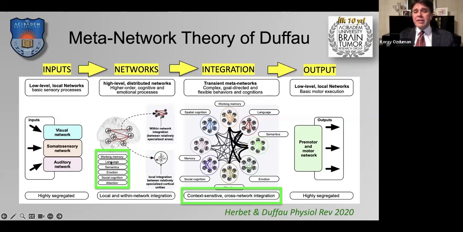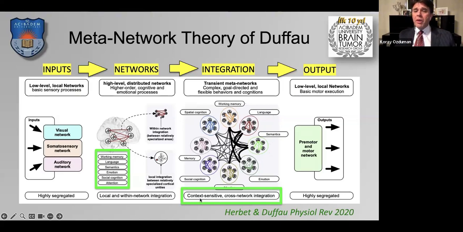All of these networks are spread throughout the brain. And then these networks that you're seeing here, spatial cognition, working memory, language, semantics, talk to each other, and they interact in a context-sensitive way.